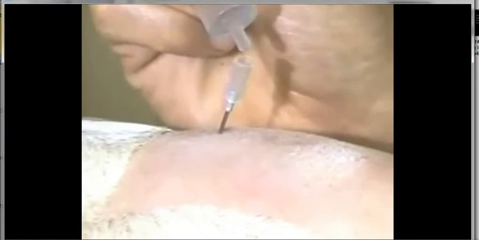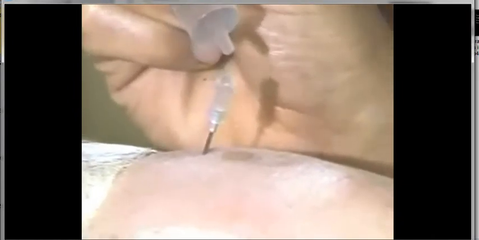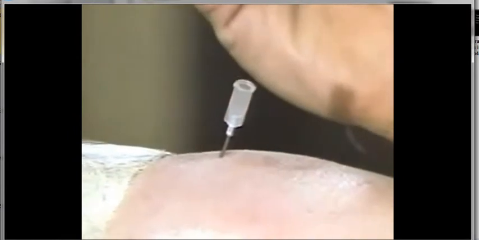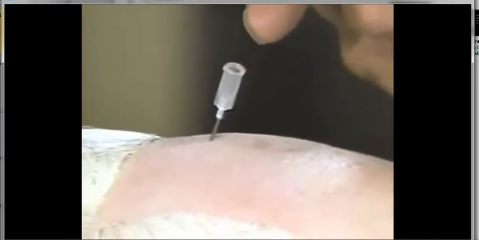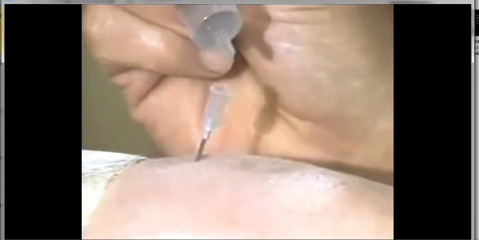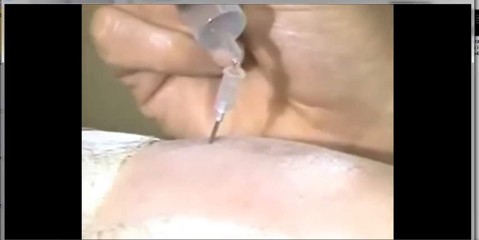One test is to put a small drop of the local anesthetic in the needle, and if it pulls it in, as it did there, almost for certain there's an area with a slight vacuum, and that means it's the epidural space. There I'm putting several drops in, they're all disappearing down into the needle. So that's the correct site.